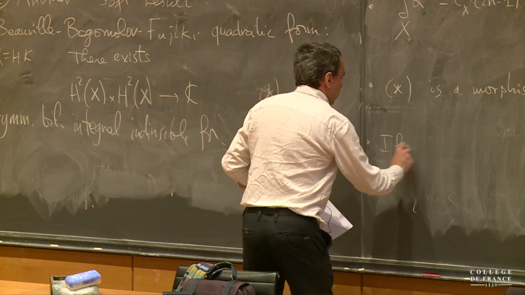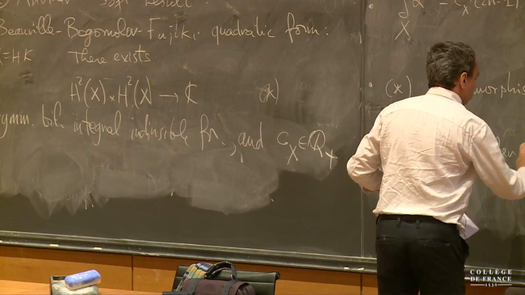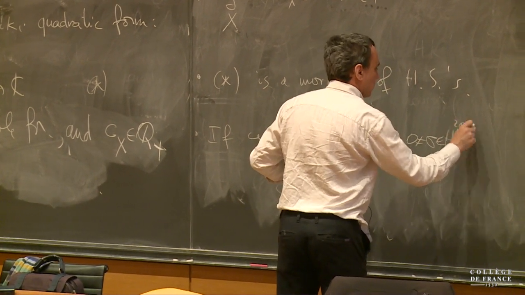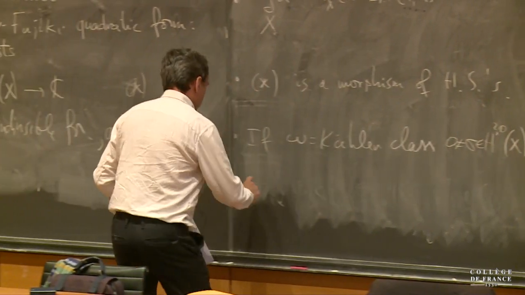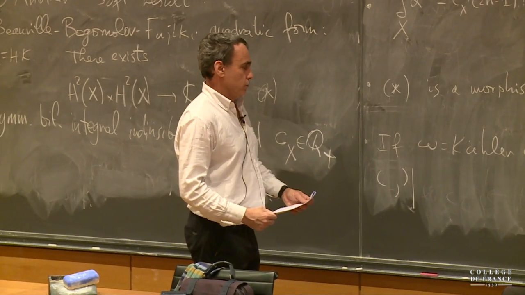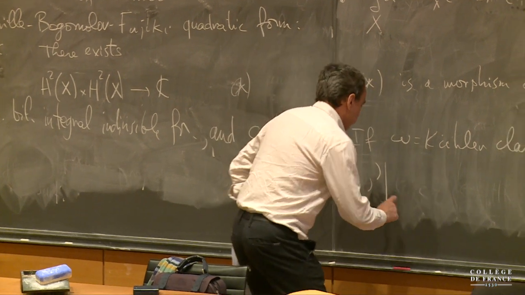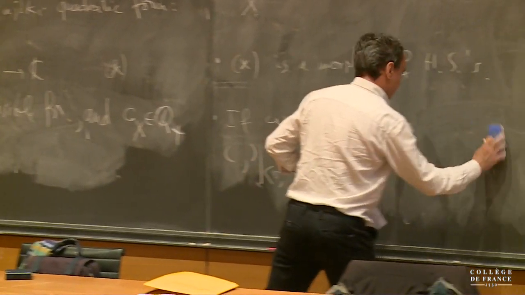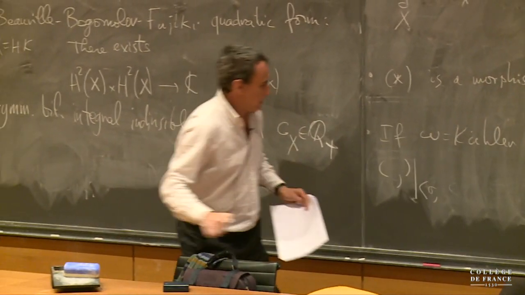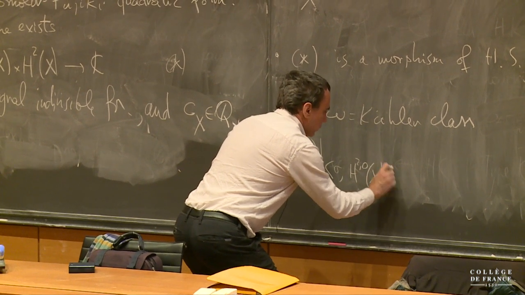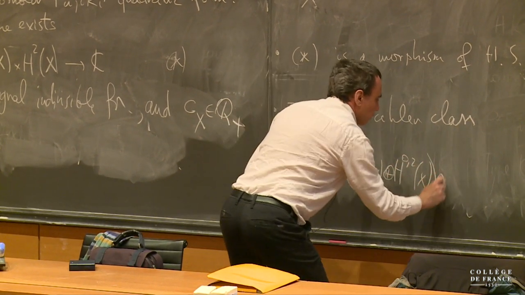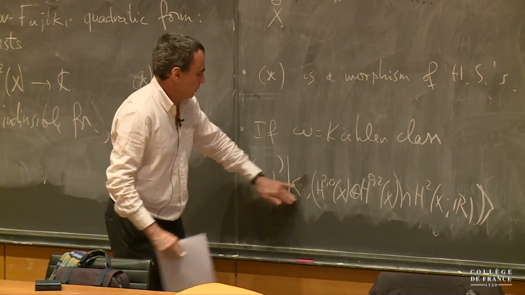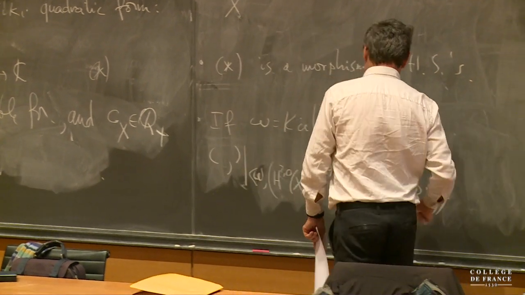Statement: if omega is a Kähler class and sigma is a holomorphic symplectic form, then what we get is the following. I want to restrict to the span of omega, and sigma in H20 of X intersected with the real cohomology. So this restriction is positive.